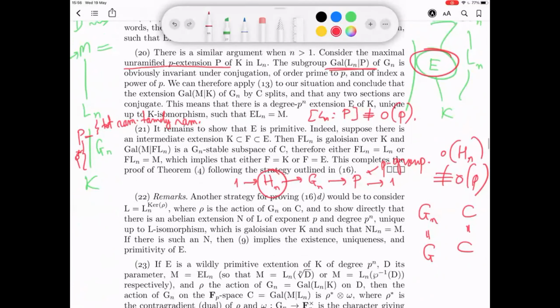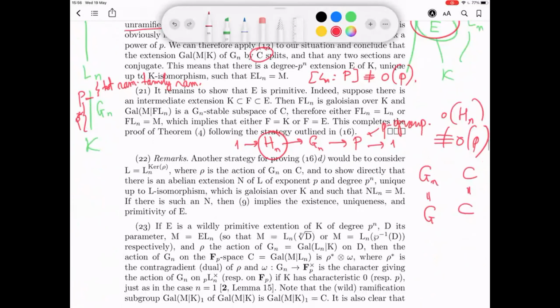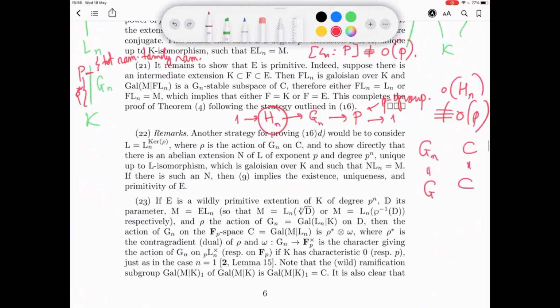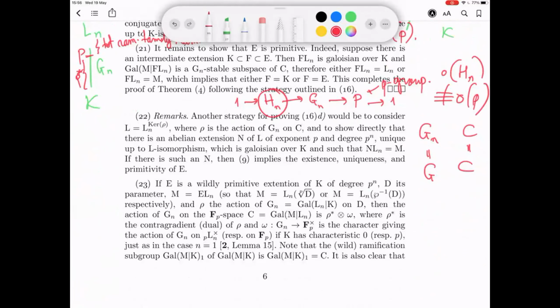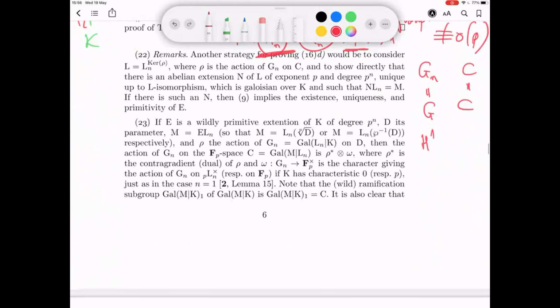So the point is that because this group G_n has such a subgroup whose quotient is a p group, I'll conclude that H^1(G_n, C) is trivial and H^2(G_n, C) is also trivial.